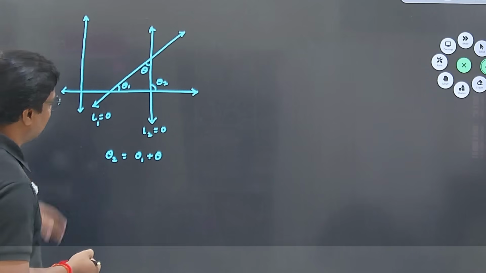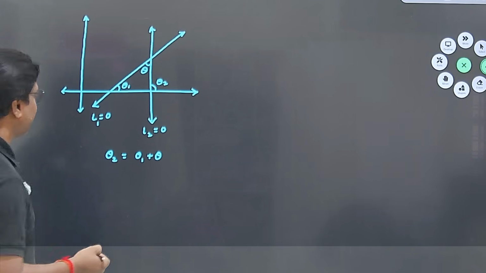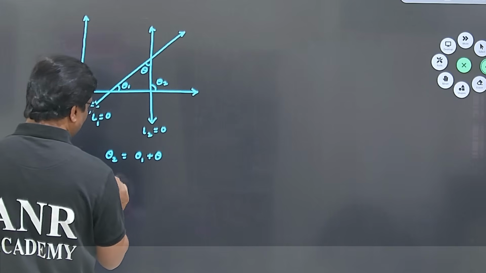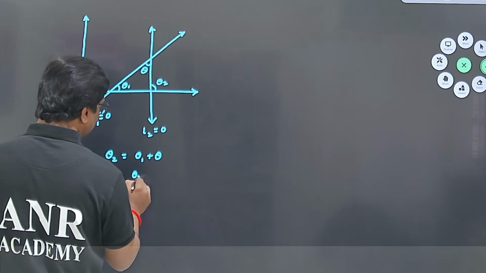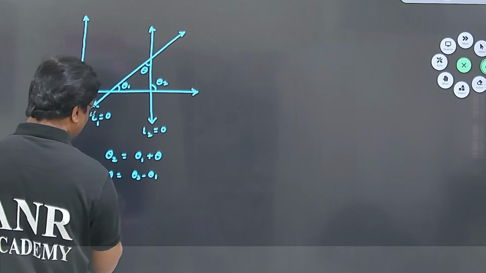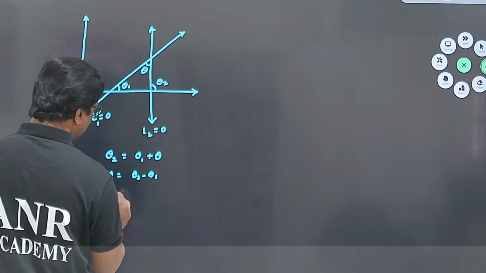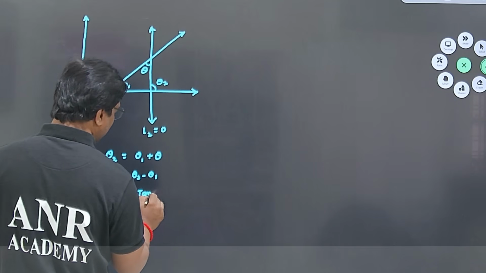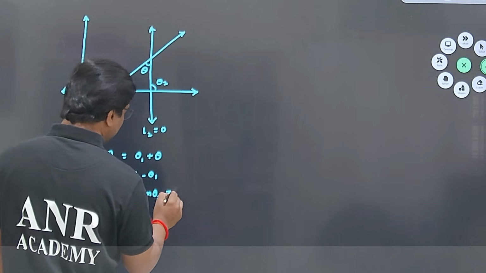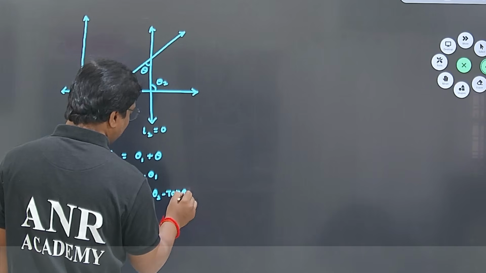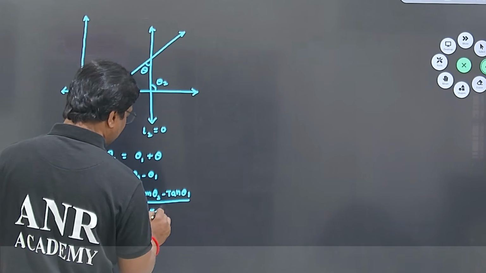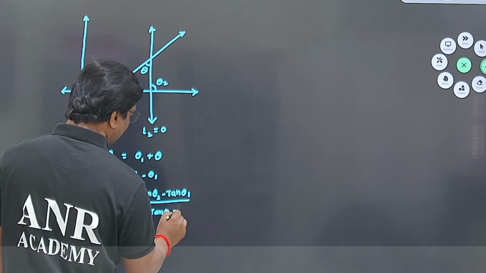Theta 2 is written as theta 1 plus theta. And from this, theta is written as theta 2 minus theta 1. Applying tangent on both sides, you know that tan theta equals tan A minus B formula, tan A minus tan B in the right hand side, over 1 plus tan A tan B.